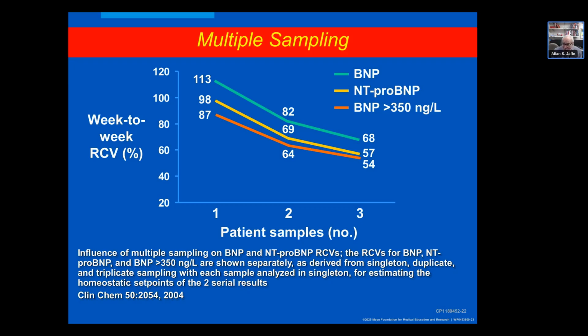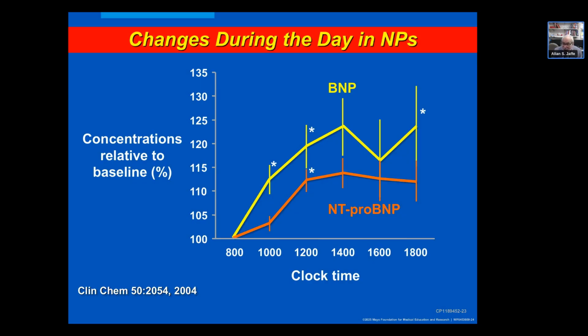This looks at week-to-week variability. Remember, natriuretic peptides are physiologic activators. They need to go up when we exercise, when we change position, etc. Natriuretic peptides, in particular at low levels, this is in a heart failure group, change during the day. So if you want low levels, you need to get your sample in the morning. If you want higher levels, get it in the afternoon.